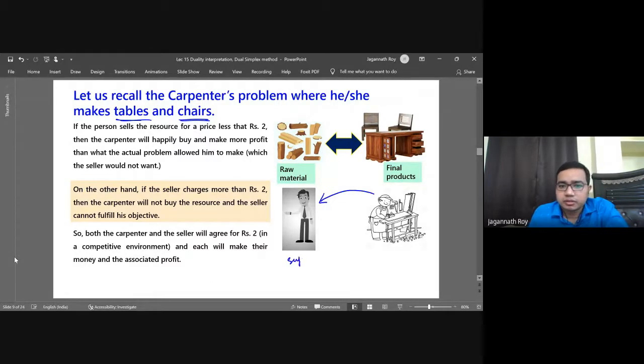And if the resource 1 is less than 2 rupees, then the carpenter will happily buy this raw material, and he or she can make a profit.